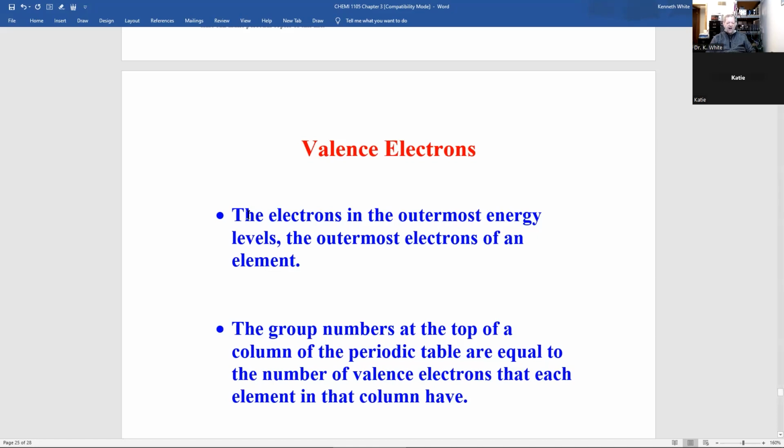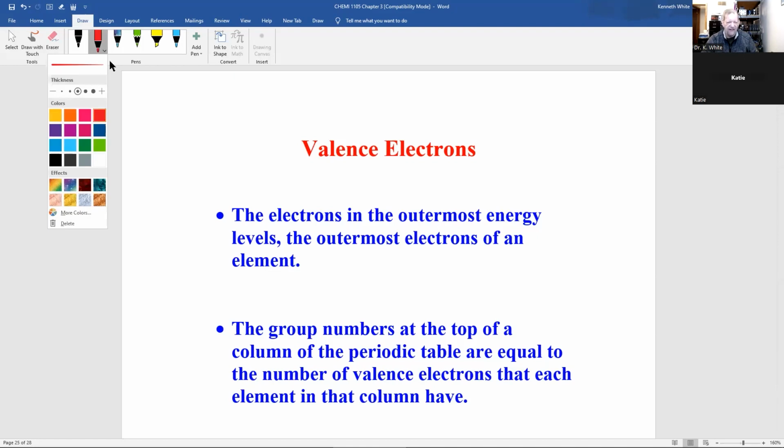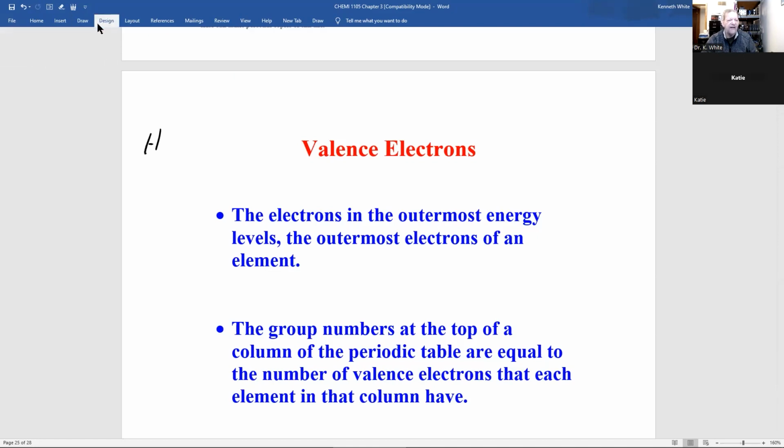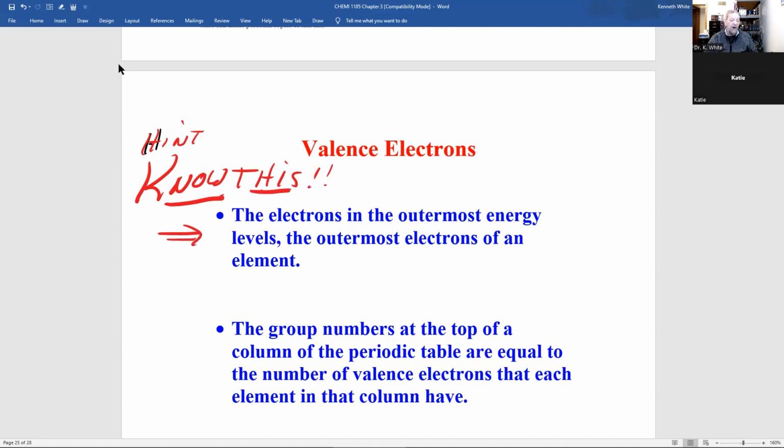And you should know what a valence electron is.